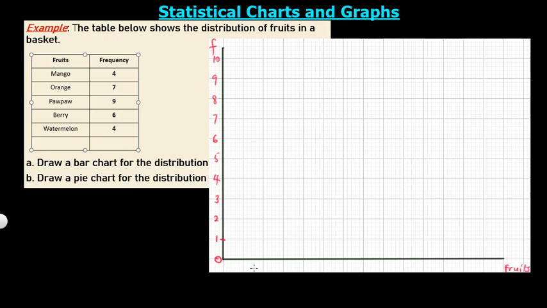So we may represent each of these. Let's call this place mango, and we leave this column for orange. We leave this for purple. We leave this for berry, and we use this for watermelon.